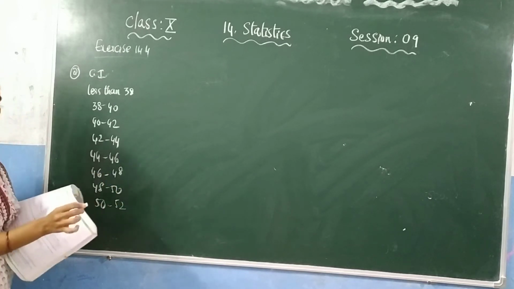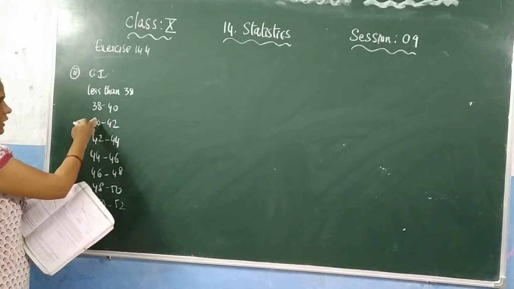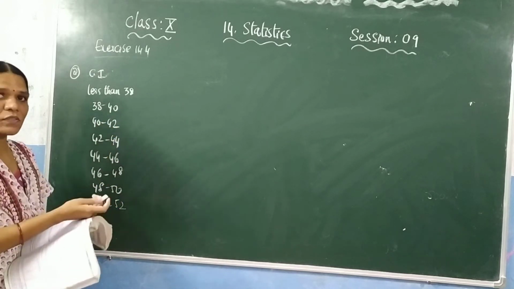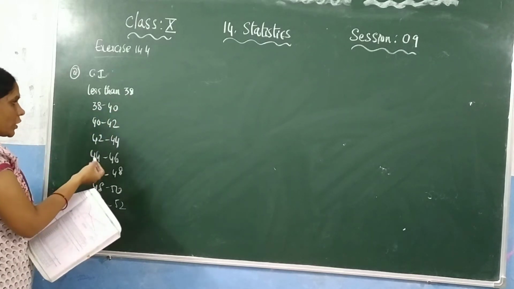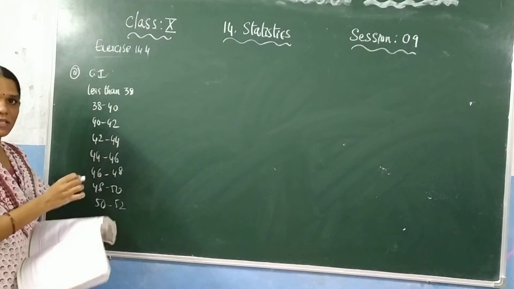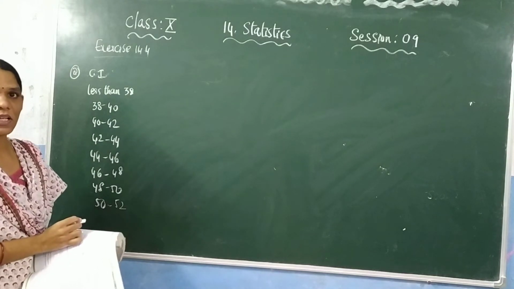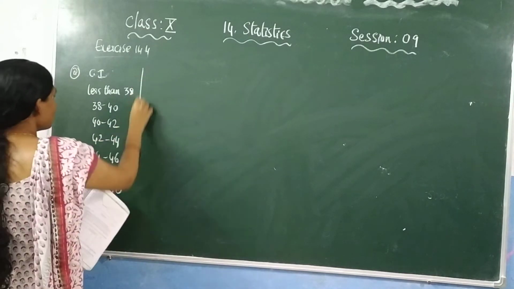Up to 52 they have given, but they have given less than 38, less than 40. That means less than 40 means these values will also be included here, right? Less than 42 means all these values will be included here. That's why they have given the cumulative frequency values. You need to find the frequency values.